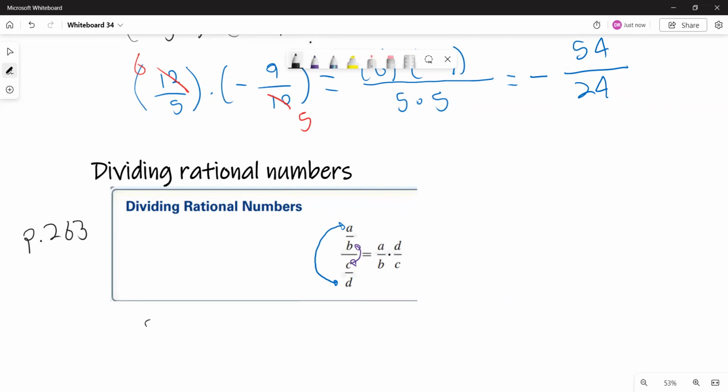Another way to put it: keep the first one as it is and multiply, and flip the terms of the second fraction. That's another way to do it.